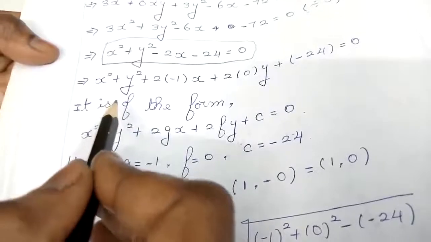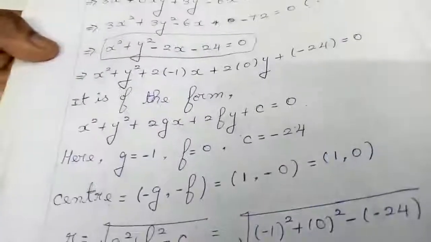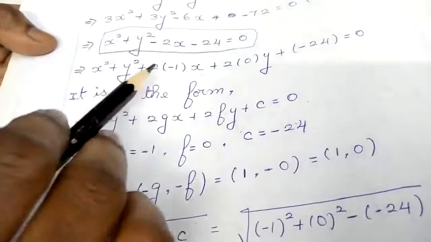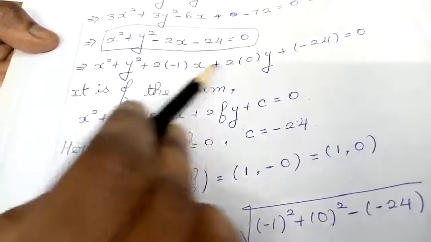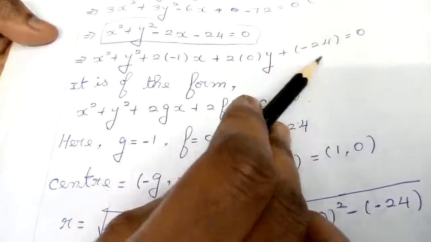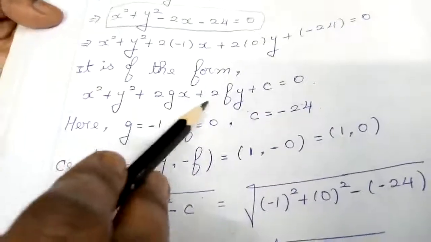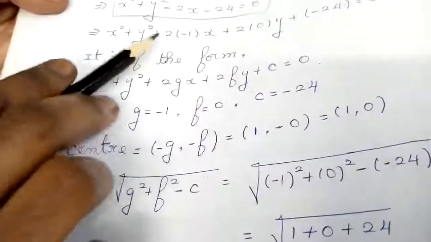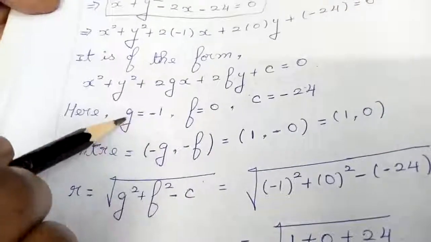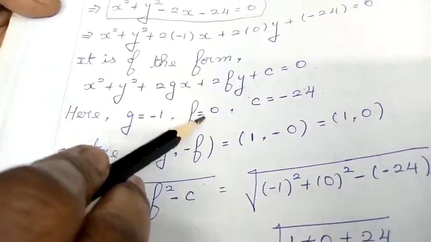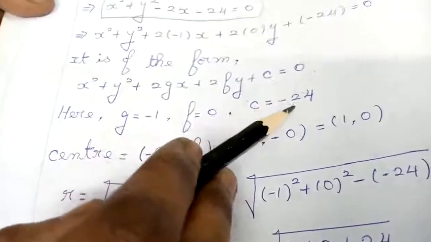You arrange the equation as x square plus y square plus 2 into minus 1 x plus 2 into 0 y plus minus 24 equal to 0, that is, in the form 2gx plus 2fy plus c equal to 0. From this I take out the values: g equal to minus 1, f equal to 0, c equal to minus 24.